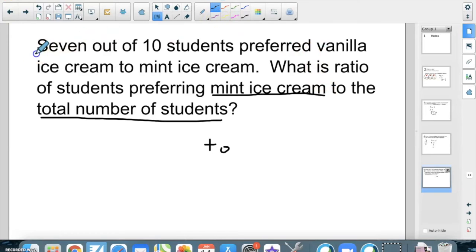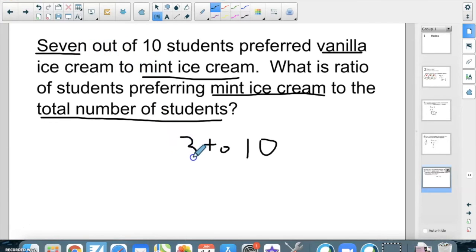All right, so 7 prefer vanilla, which means how many prefer mint ice cream? Well, let's see. There are 10 total, right? So that's the second number. And if 7 like vanilla, that must mean that 3 like mint, because 7 plus 3 is 10.